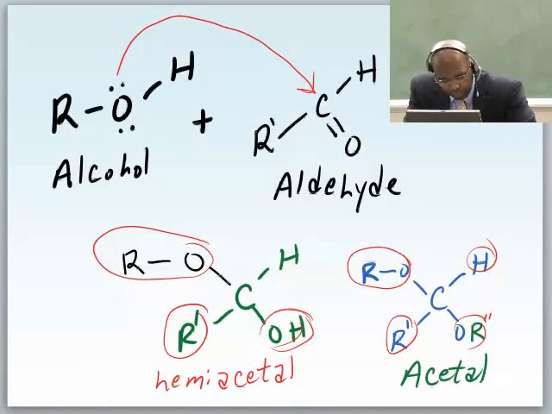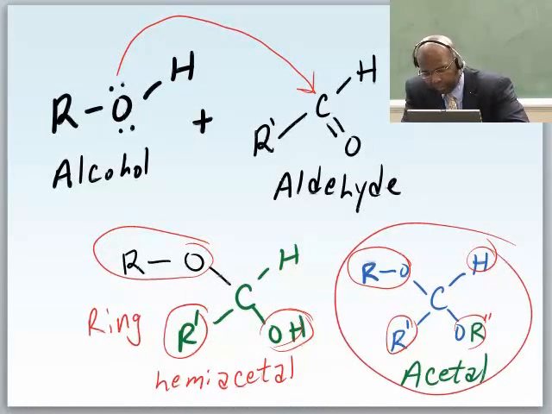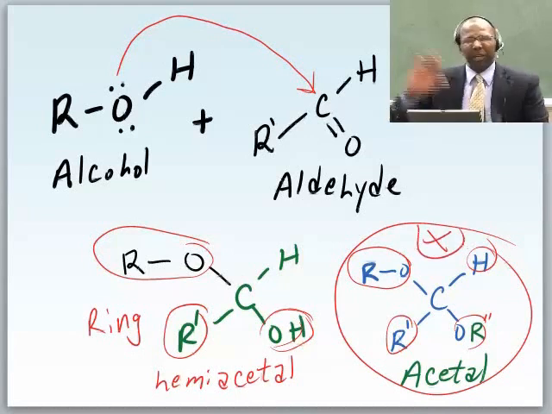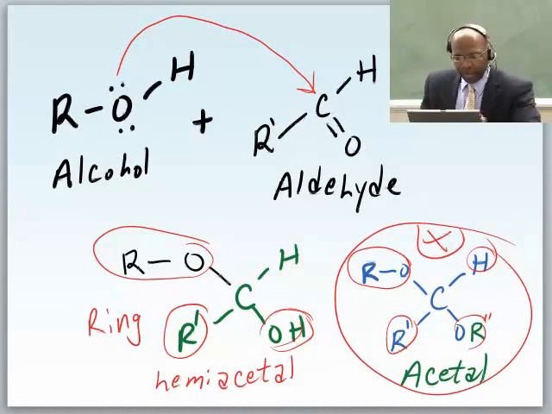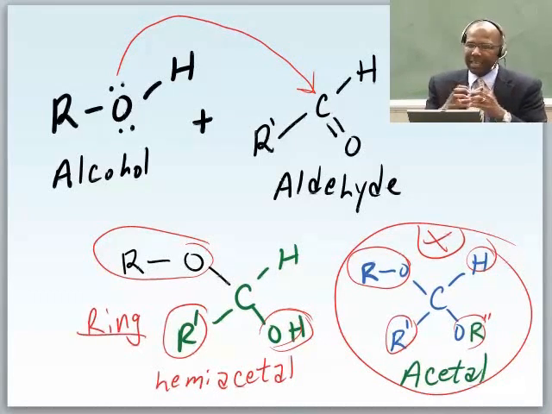I'm going to put here ring so you'll know this is what the ring looks like. And the acetal, we're not going to really talk about right now. So I'm going to put an X here because it'll be much later that we talk about the acetal. But a carbohydrate drawn in a ring form is a hemiacetal. And I'll show you that in just a second.